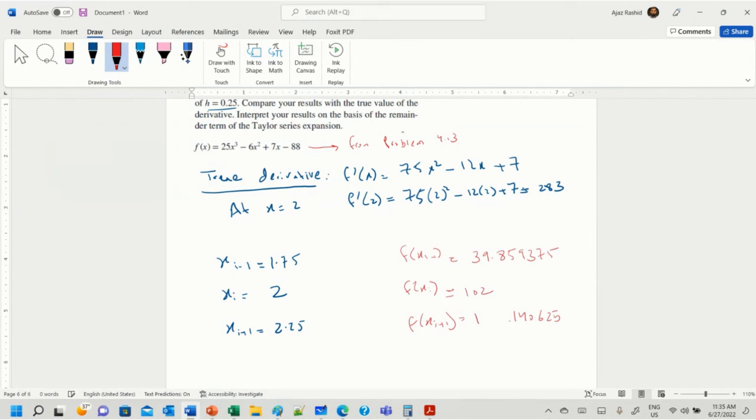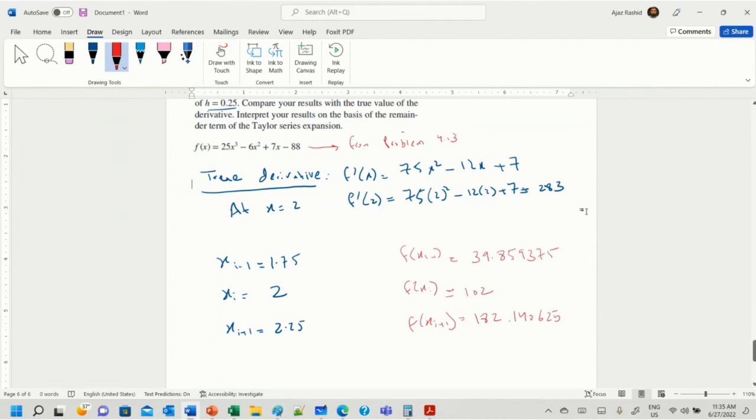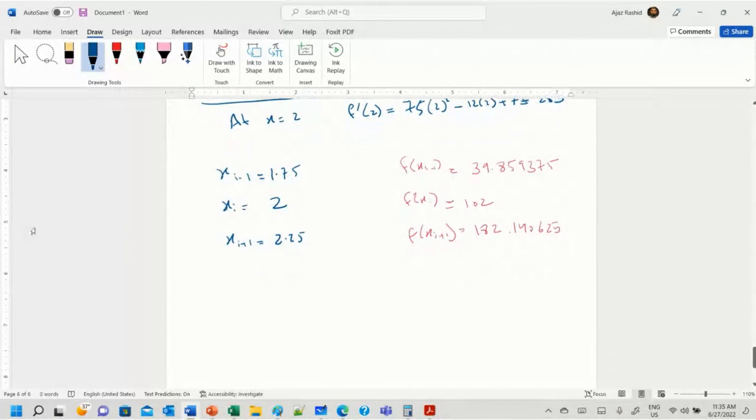It's always good to check your calculations so that you don't make errors later. Okay. The forward difference, I'll call it FD, is f of x_i plus 1 minus f of x_i, divided by the step size, which is 0.25.